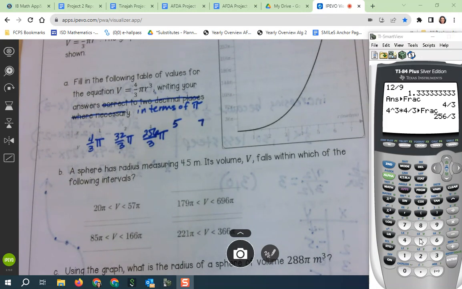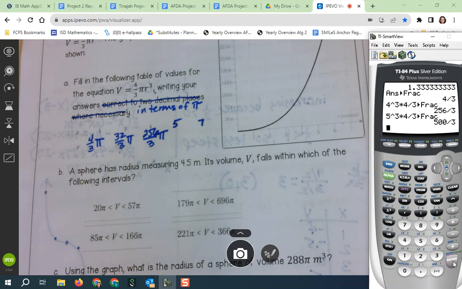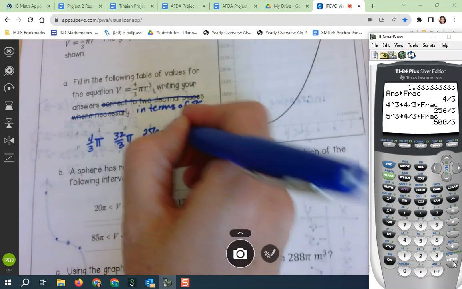All right, I'm going to try to catch up to you. So what I'm going to do is second enter to get back to the last thing I typed and just change my 4 to a 5. So I'm getting 500 thirds pi. Did you guys get 500 thirds? Okay.